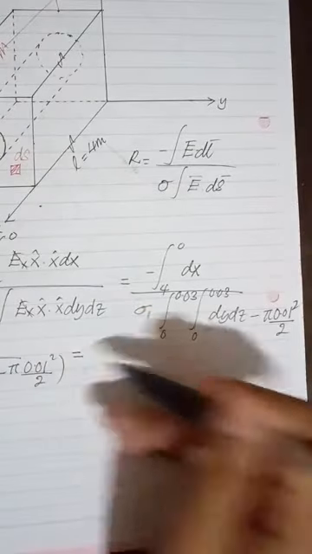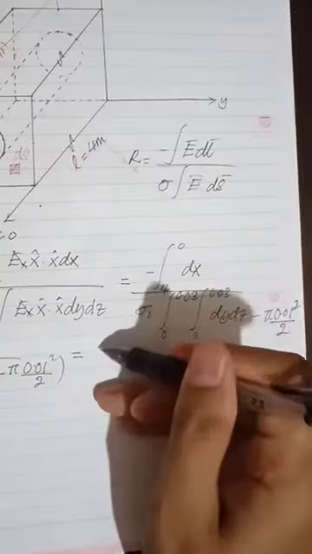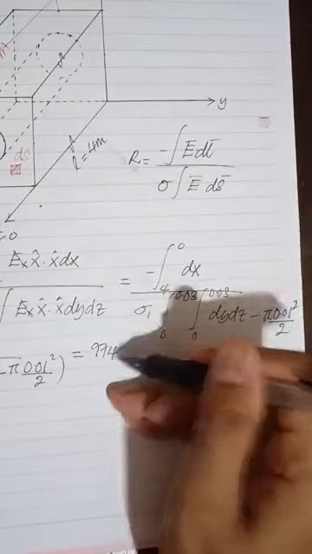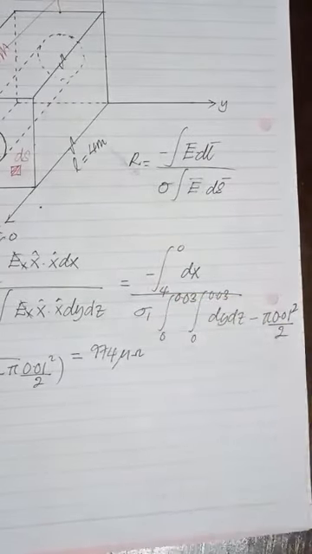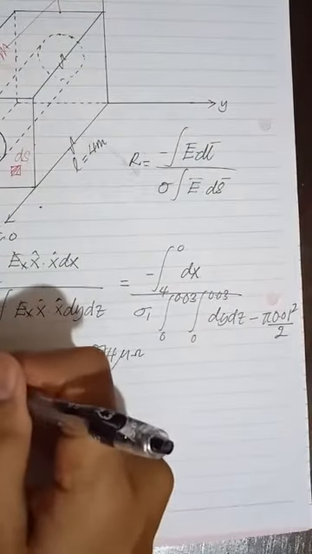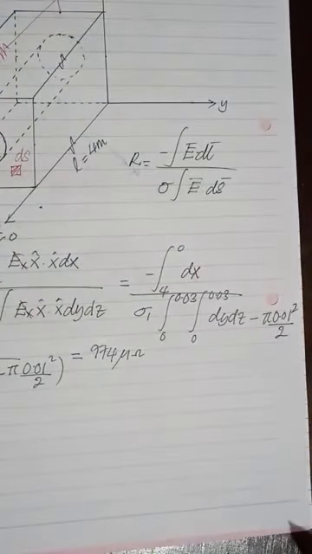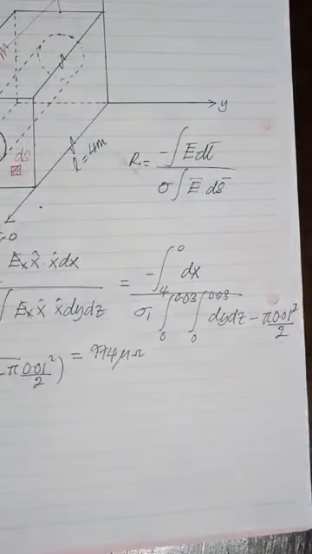So you are going to find the value given as 974 micro ohm. Right, that's our first resistance, due to only the first conducting material here.